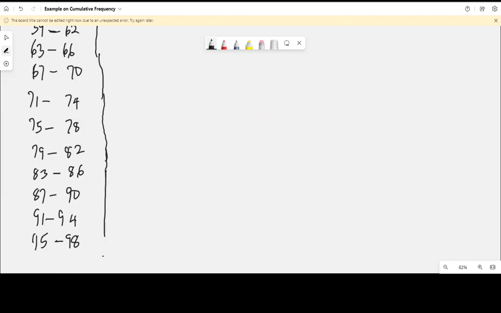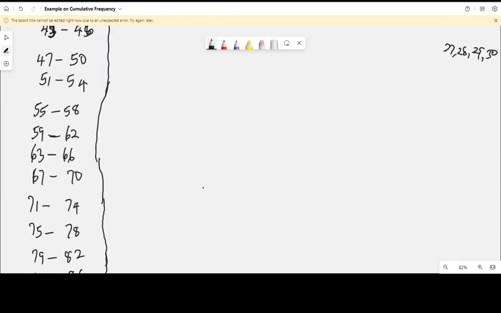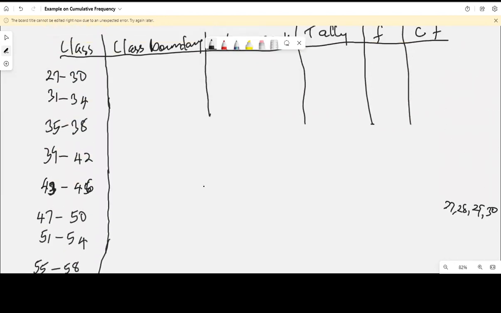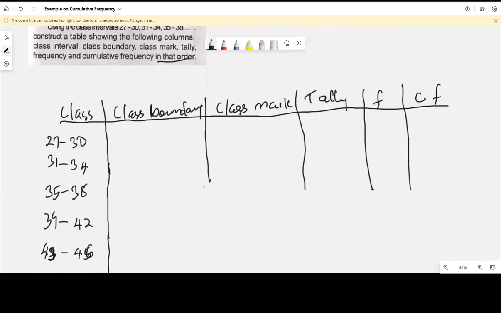We'll go and then put in the data that fall into each of the intervals. So before that, we have class boundary here. Now, how do we get the class boundary? Recall that we said let's assume this data is continuous such that you have something like fractions. So any data within the range of 26.5 falls into 27 to 30, and data also within the range of 30.5 falls into this interval.